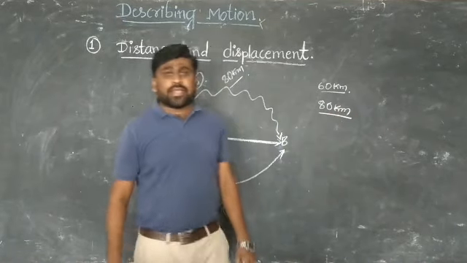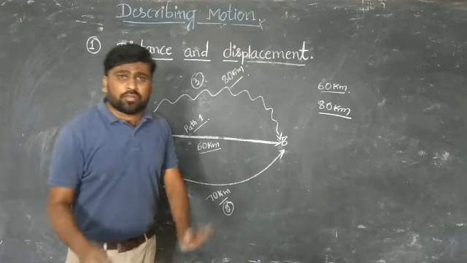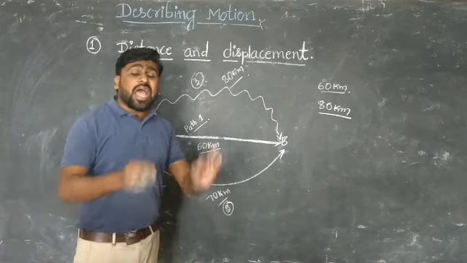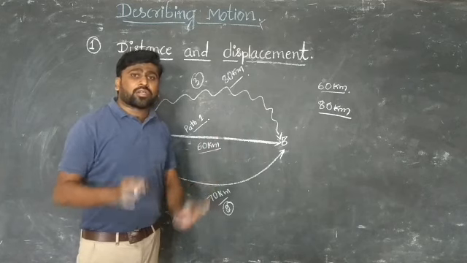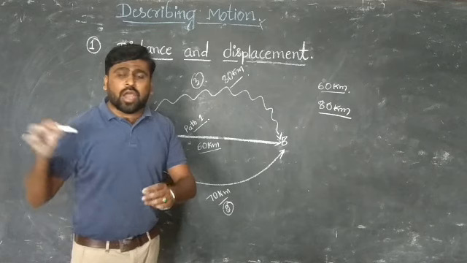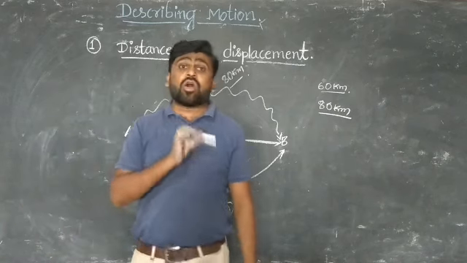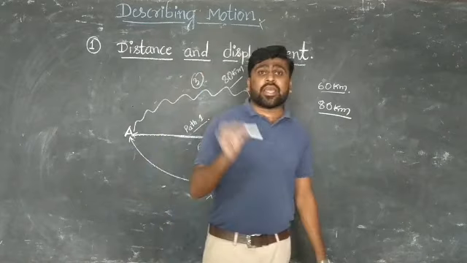That is 80 kilometer. Understand the concept of distance? Nothing but the length of the actual path traveled by a body or object. The path in which we are traveling, that is called as distance.